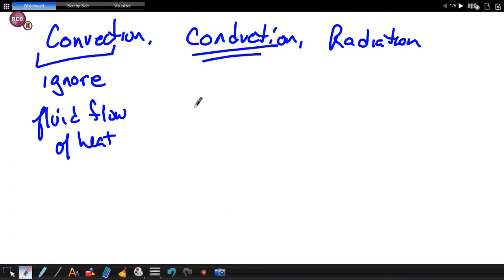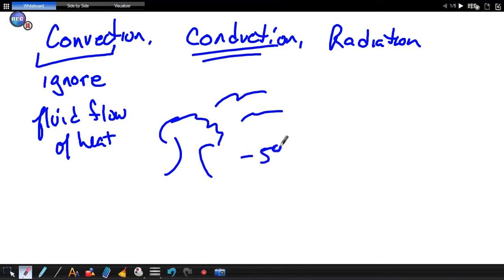So let's show what's going on. We have an environment. So, draw trees and birds, and this is, say, minus 5 degrees Celsius outside, so there's snow on the ground.